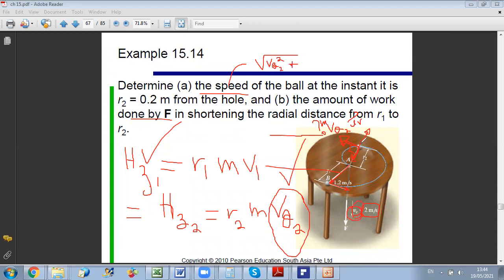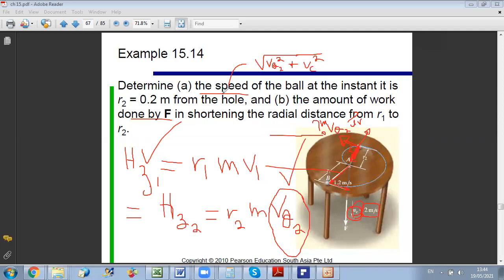Okay. Because the inward component is R dot, which is VC, and it's negative because it opposes UR. But I don't care whether it is negative or positive, because in magnitude it will be squared, so it's plus VC square. This is how I calculate the speed by decomposing it into two components, V theta and VC.